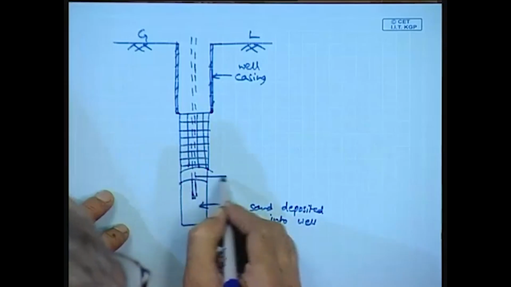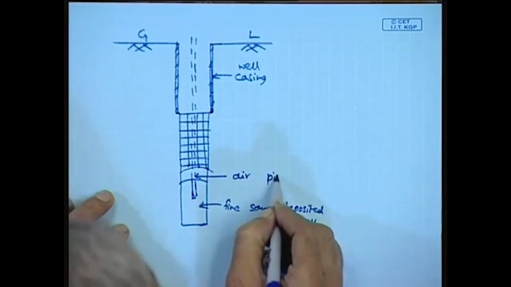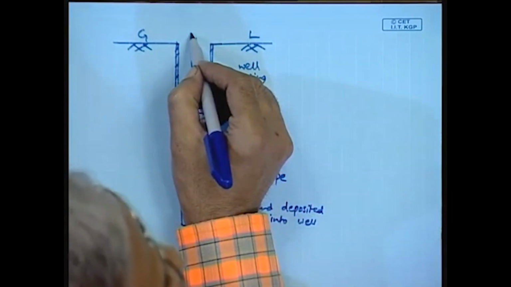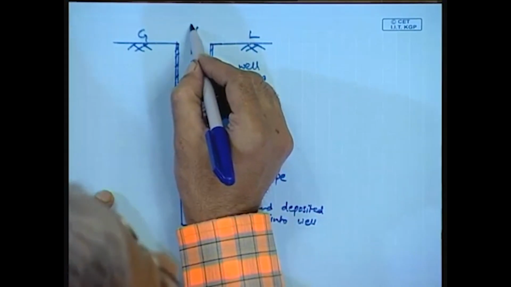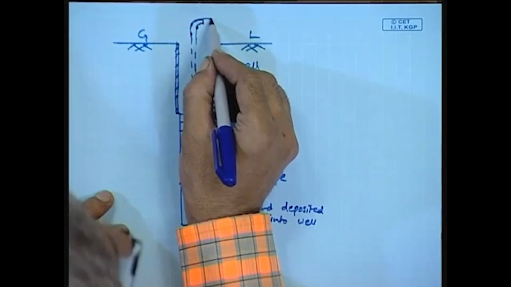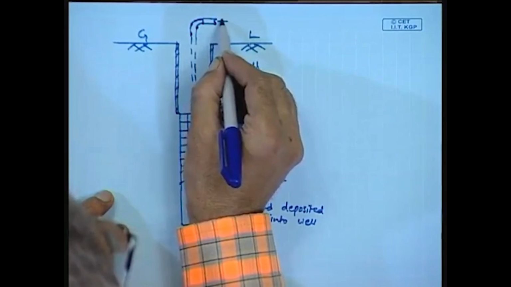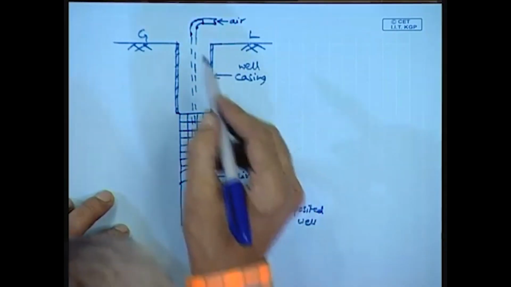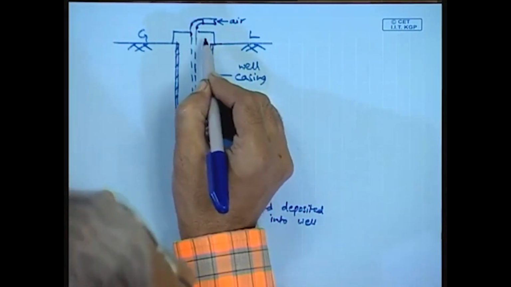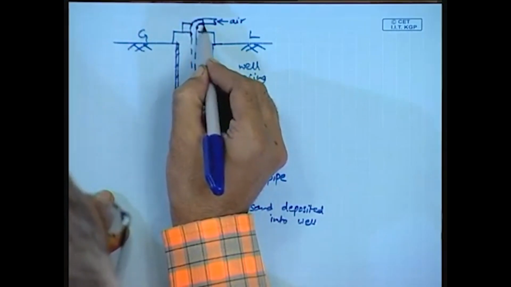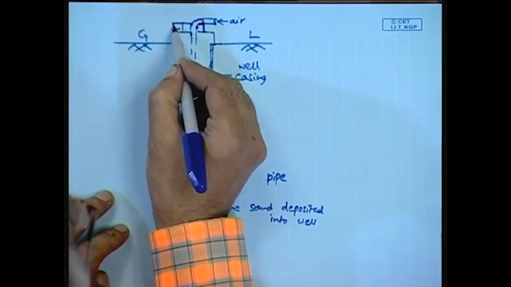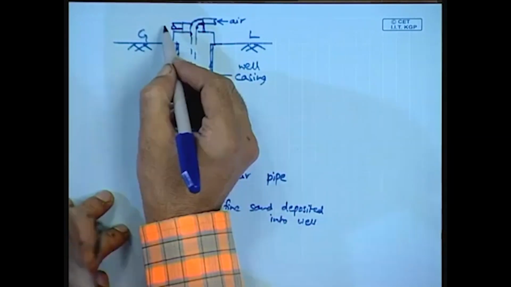This is the air pipe, and this is the air jet, and this is the discharge.